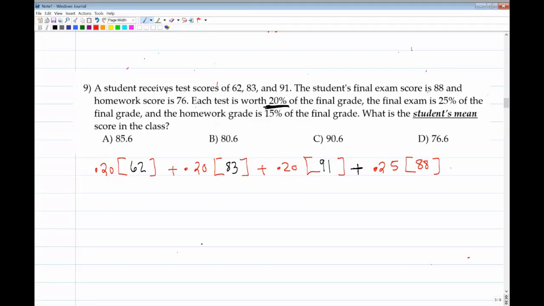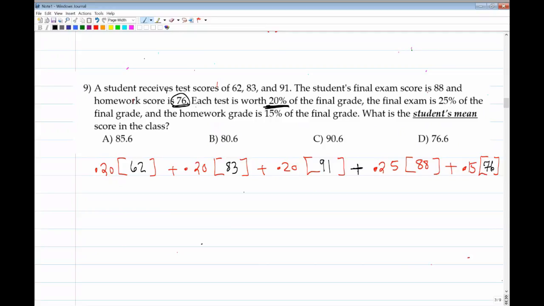Now we add to that. What do we have also? We have 15% for homework. So 15% times whatever was accomplished in the homework. If you look back, the homework was 76.